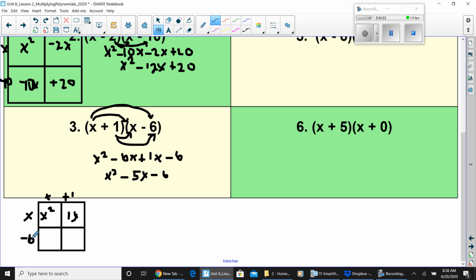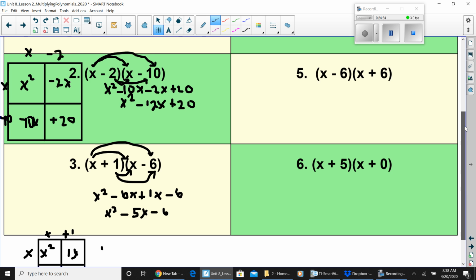Negative 6 times x is negative 6x. And negative 6 times 1 is negative 6. Remember, this is x squared plus 1x minus 6x minus 6. Just put it out like this, and then combine the like terms that are directly in the middle. You will get x squared minus 5x minus 6.